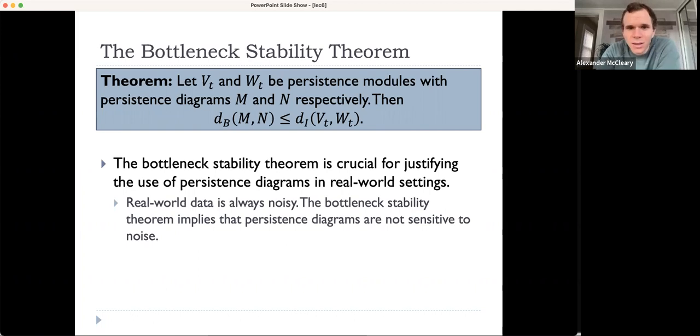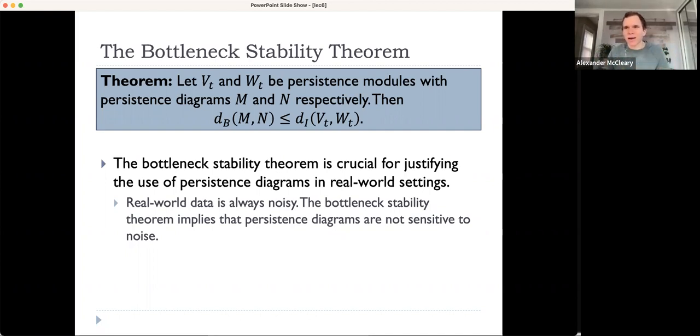It tells us that this act of starting with the filtration and going to a persistence diagram is stable. In the real world with data sets, there's always going to be some amount of noise present. It's just a fact with real world data. And the bottleneck stability theorem tells us that persistence diagrams are not sensitive to this noise, right?